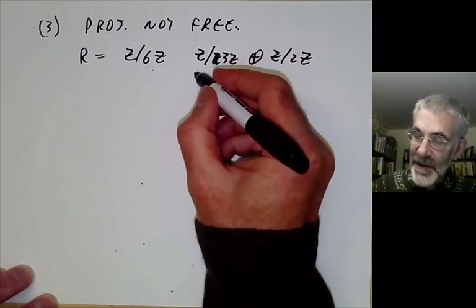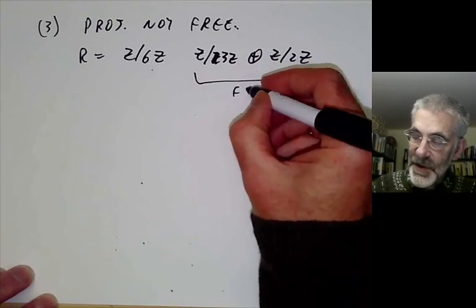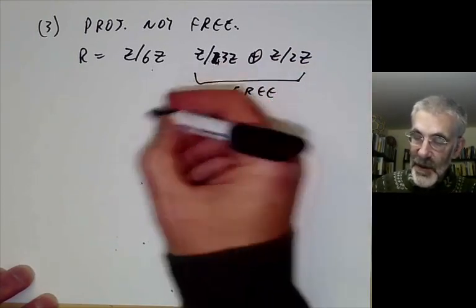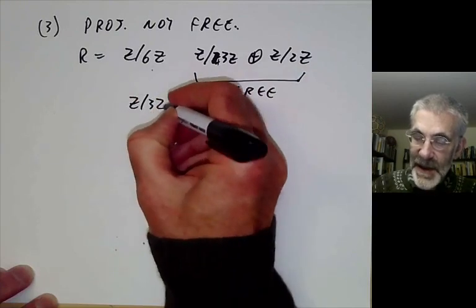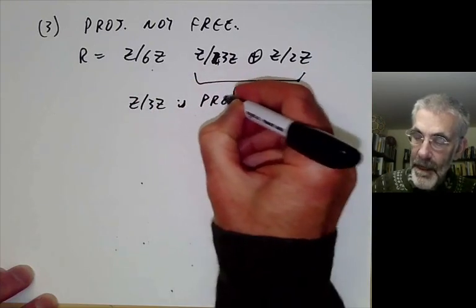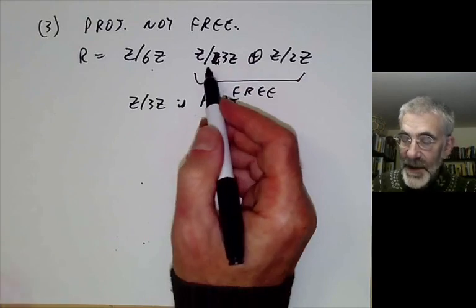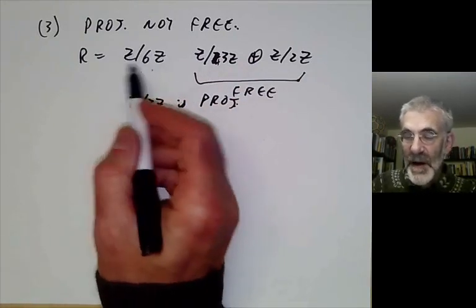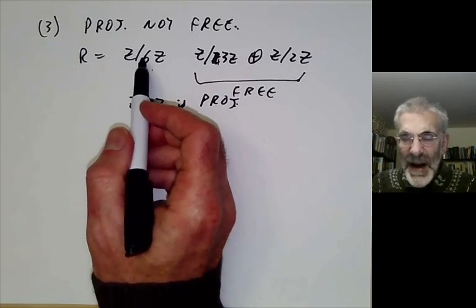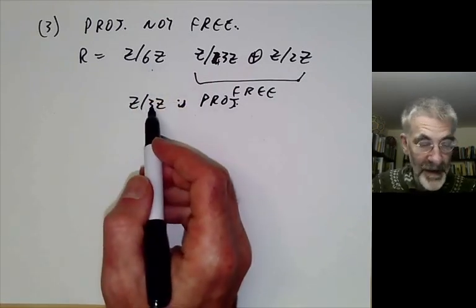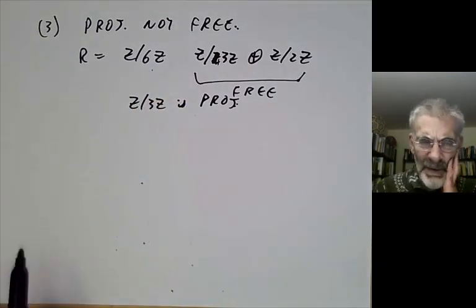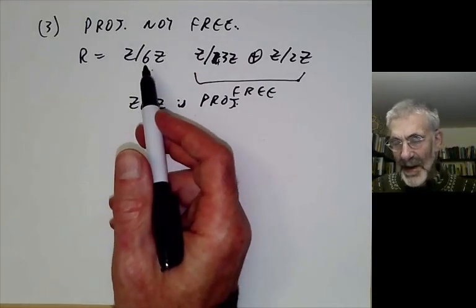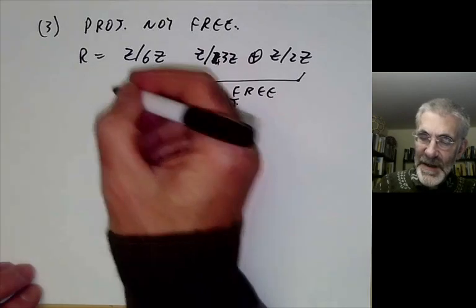And we can see that this is a free module of rank 1. So Z modulo 3Z is therefore projective because it's a direct summand of a free module, but it's obviously not free itself, because for any free module the number of elements must be a power of 6, and that obviously fails for this.